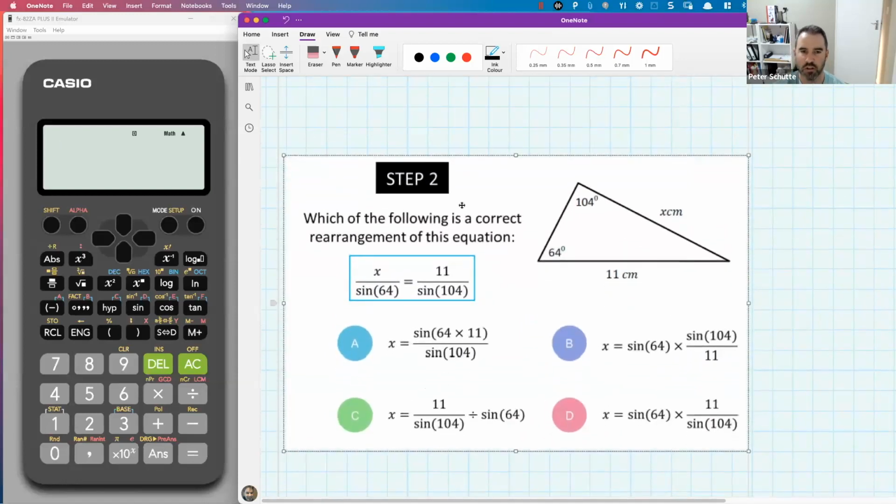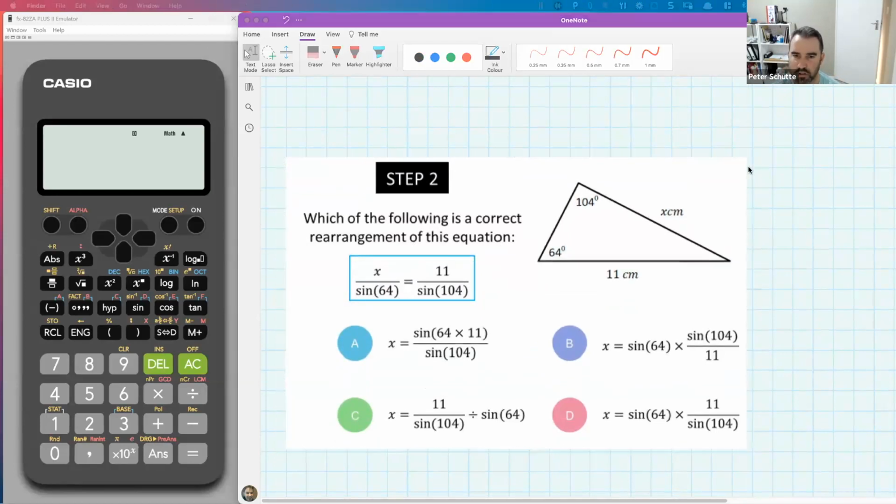If you're given this, which of the four options will be correct here?